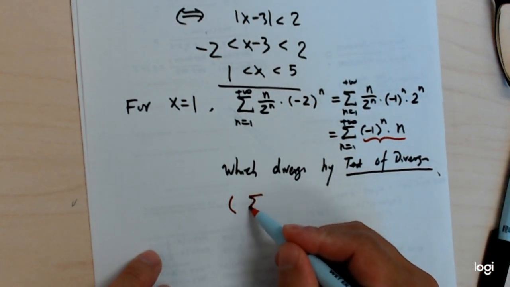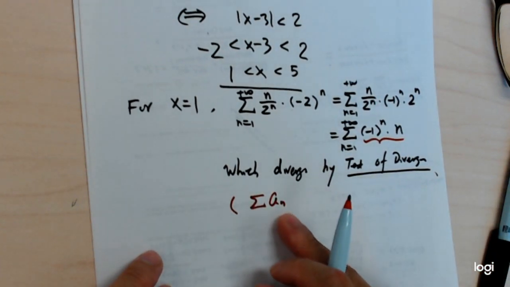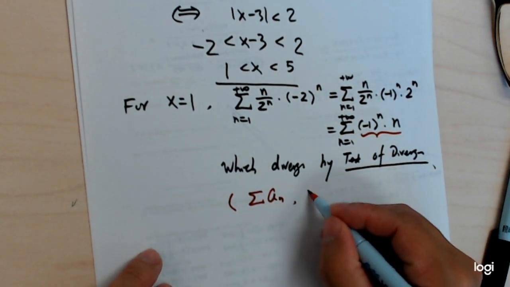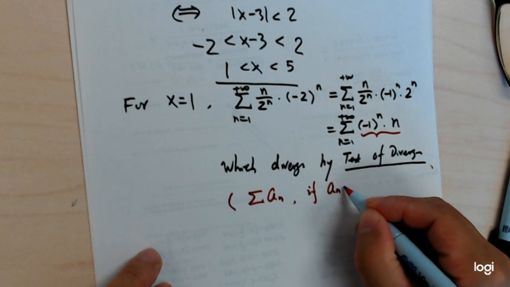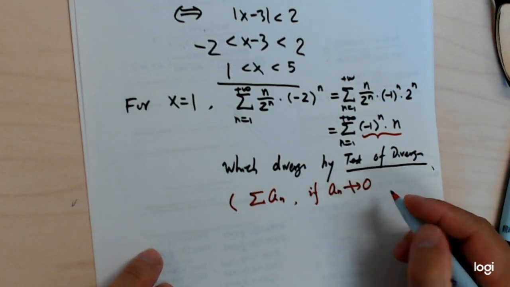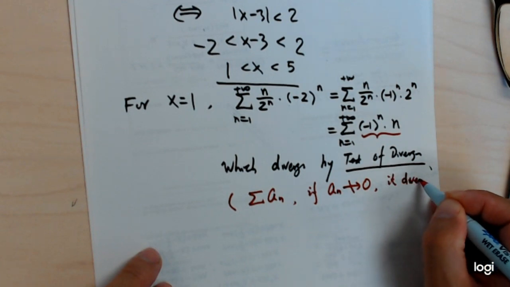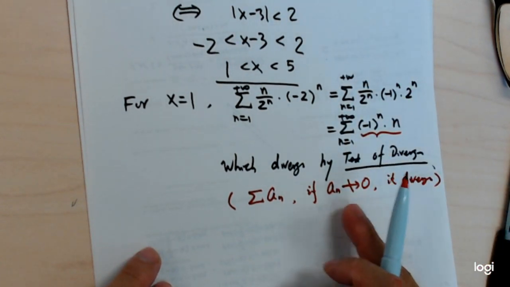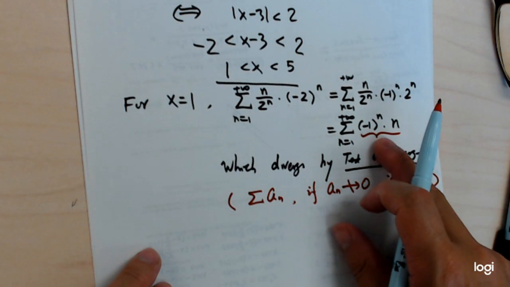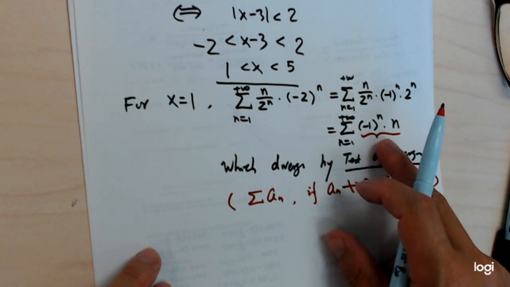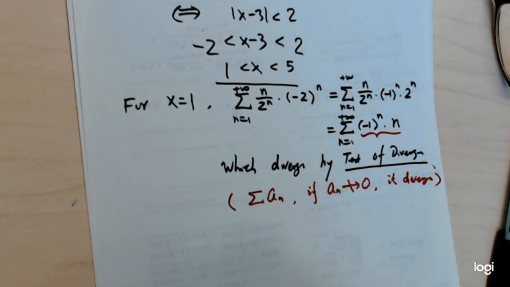It says for any series that looks like this, it doesn't matter whether it is positive or negative, as long as a sub n does not go to 0, it diverges. I don't care whether it goes to 1 or 3 or infinity or does not exist. It does not go to 0. Diverges.